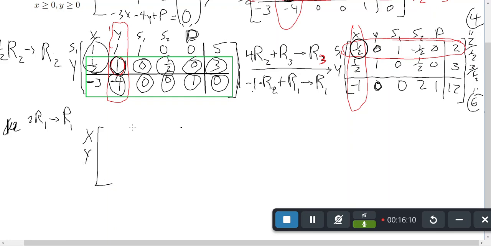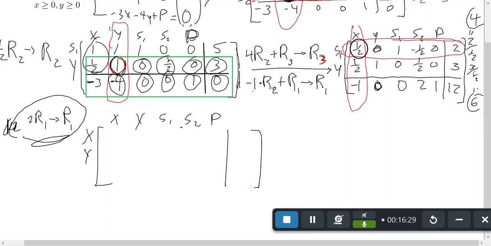Carrying out this row operation now, and just keep the column names the same: X, Y, S1, S2, P. So 2 times row 1 replaces row 1.